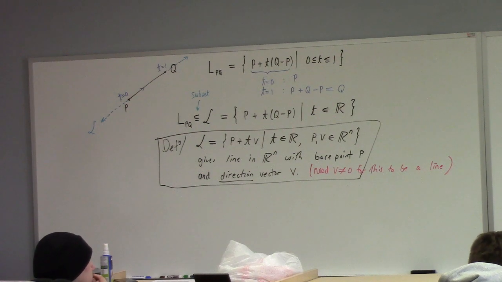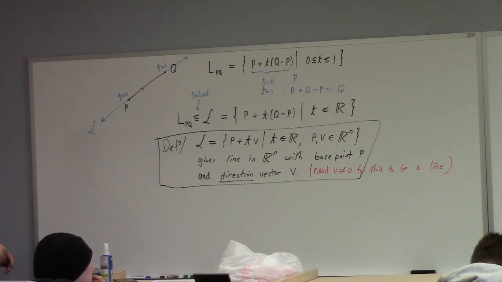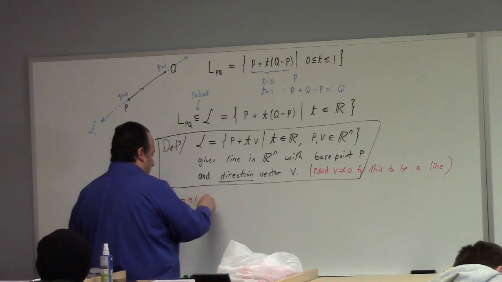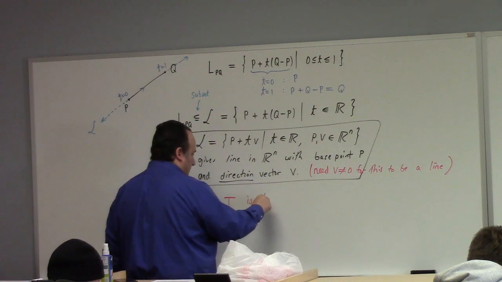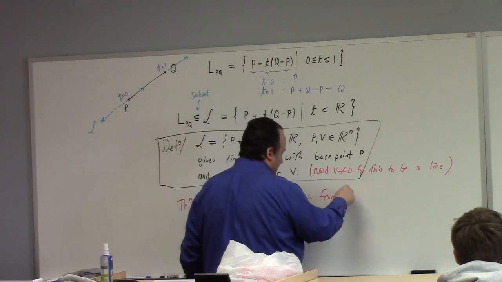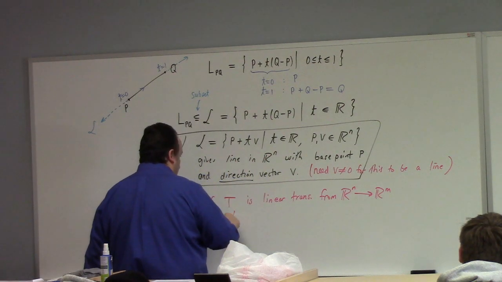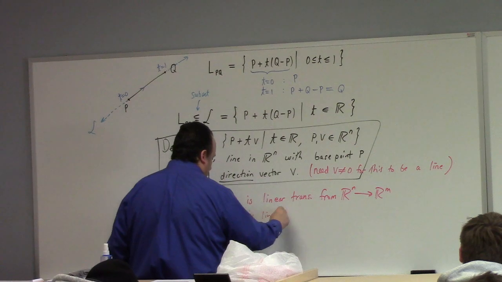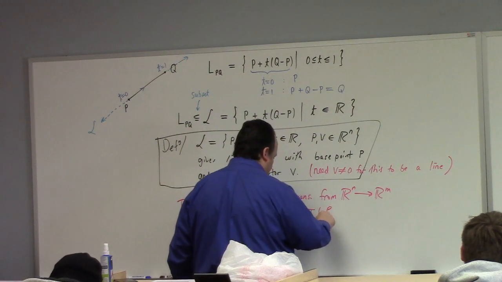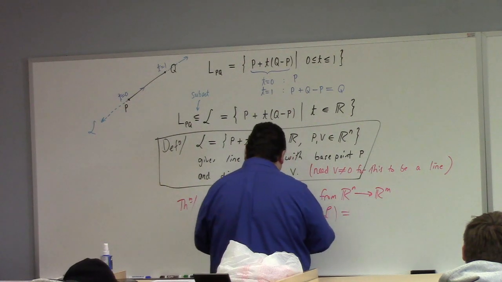The reason I'm talking about this is I want to point out something to you, which is a theorem: if T is a linear transformation from Rn to Rm, and L is a line, then T of L is, let me just write out what it is specifically.